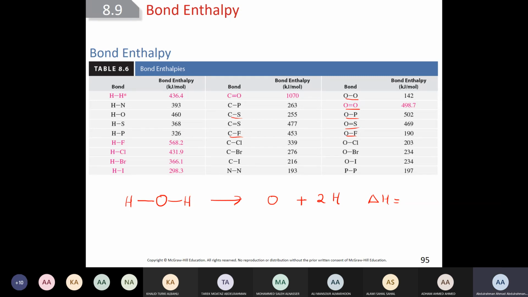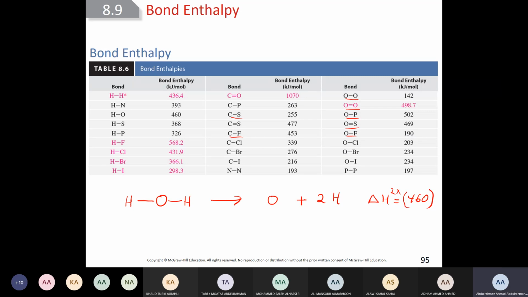Quickly. What's the answer? Maybe 463. 463 what? Kilojoule. No, that's not enough. Times 2. Yes, times 2, because we're breaking 2 bonds. Is this clear? Very good.